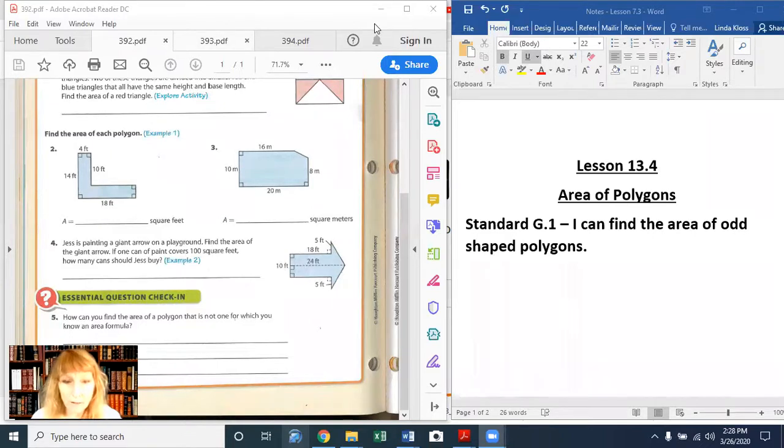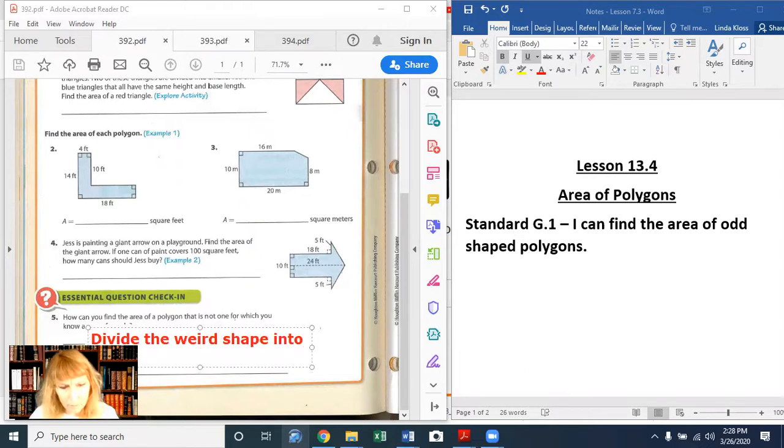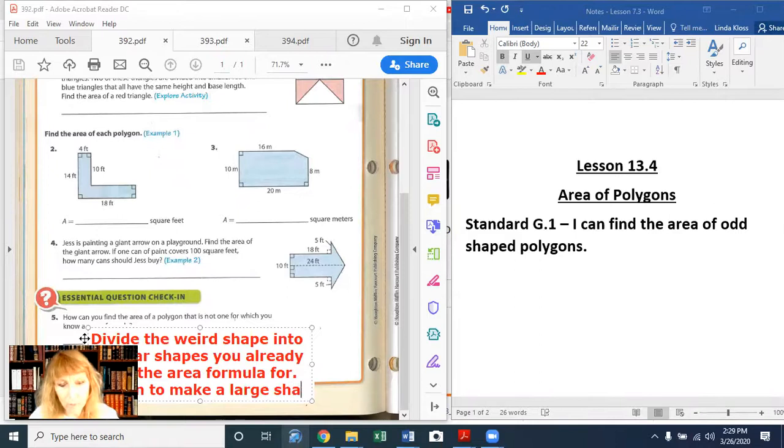You can just divide the weird shape into familiar shapes you already know the area formula for. You could also add on to make a large shape like we did on numbers 1 and 2, and then you would subtract out the other piece.